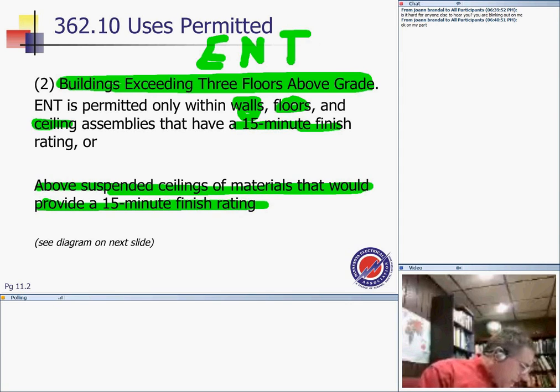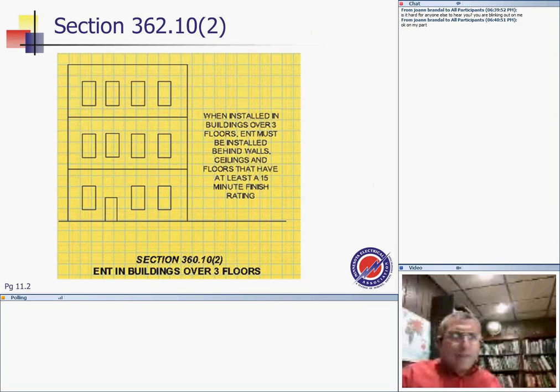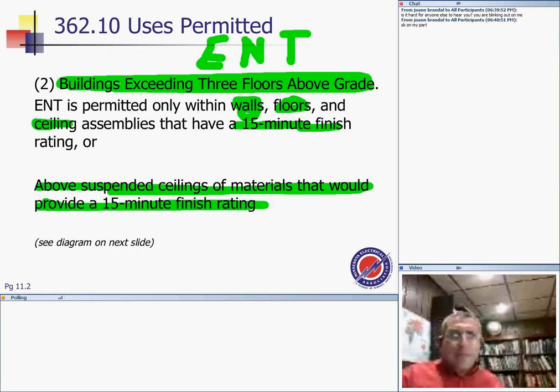Use is permitted in a three-story building. I don't know if I have it on the second slide here. Okay, so that's basically up to three stories, exposed or concealed, no problem. If you go more than three stories, you have to put it behind sheetrock walls or behind a suspended ceiling that is rated for 15 minutes.